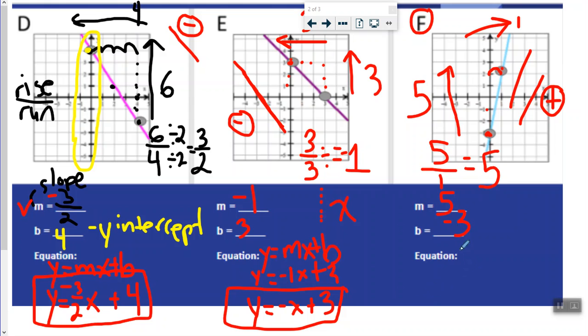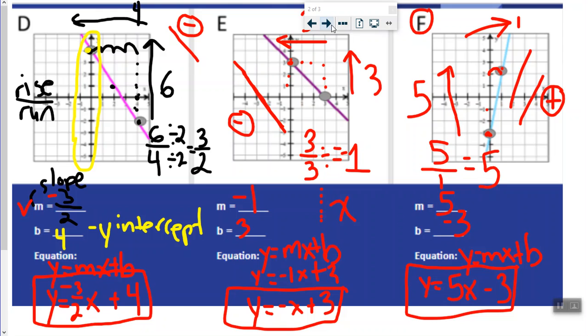My equation, remember, an equation of a line is y equals mx plus b. So y equals 5x, and then this is minus 3, so I'm going to write minus 3. That is the equation of this line.